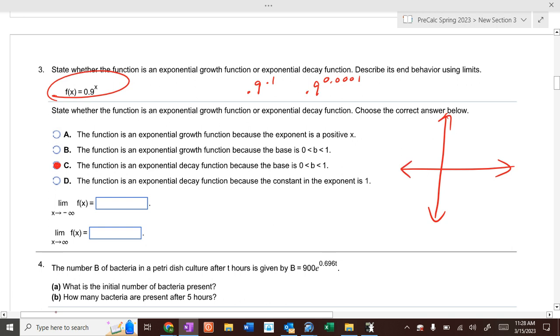So this is actually getting really a lot closer to 1. Okay, it's getting closer to 1 there. And as we go towards infinity, what's 0.9 to the 10,000th power? Really close to 0. So it's basically going from 1 to 0. Okay, so it's going down, but not a whole lot.